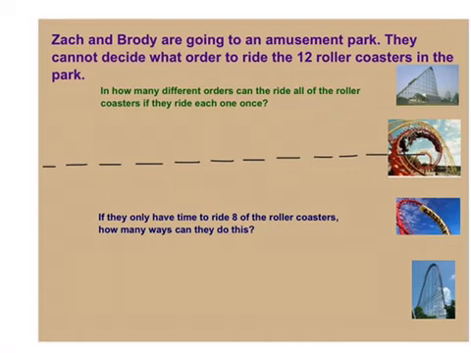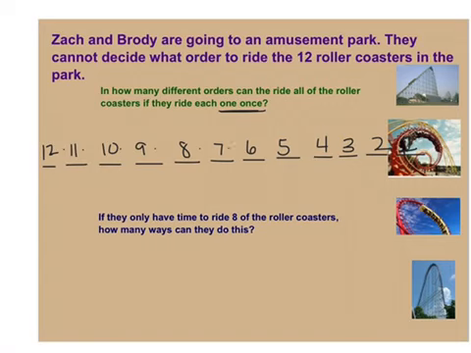On the first one I get to pick from, I have 12 to pick from. I'm going to ride each of them only once. So then once I've ridden 1, I now only have 11, 10, 9, 8, 7, 6, 5, 4, 3, 2, and 1. Remember, we want to multiply these together.